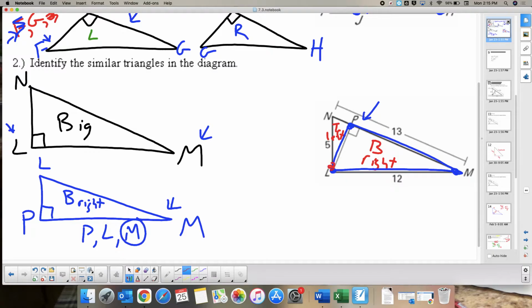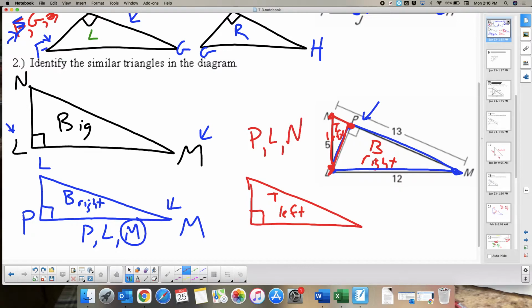Now, when we do our other one then, triangle LPN, once again, we're going to spin it around and make it look like my big triangle. So here's my top left. The three letters that make it are P, L, and N. My right angle is angle P. That leaves us with L and N to choose from.